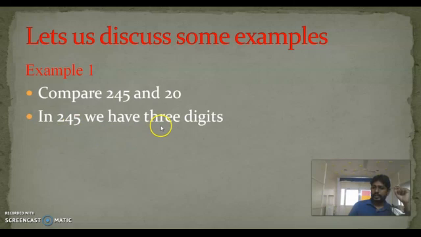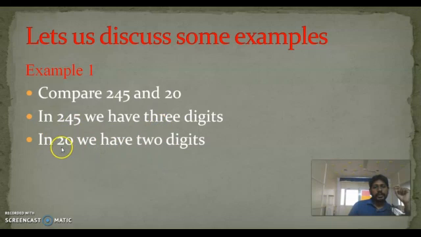We have 3 digits. In 20: 1, 2. We have 2 digits. So which is more? 3 digits are more. Hence 245 is greater than 20. That's very simple. Let me see one more example.